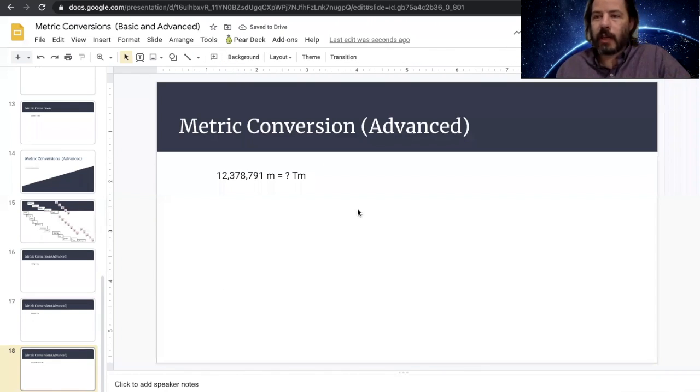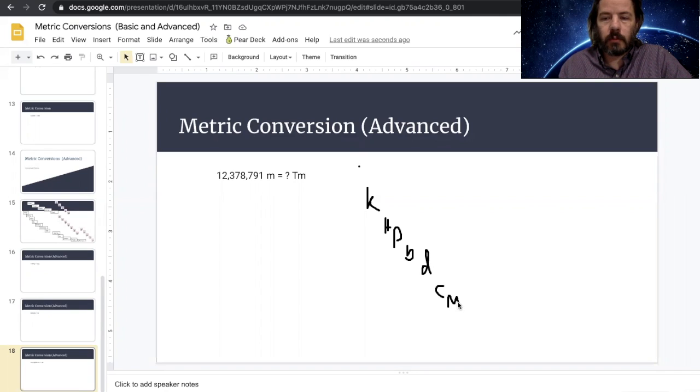A little tricky this time, went to the other end of the scale here. So guess what? King Henry died while drinking chocolate milk. And then we got every person thinks George made King Henry. So we've got Tera, and we're starting at meter.